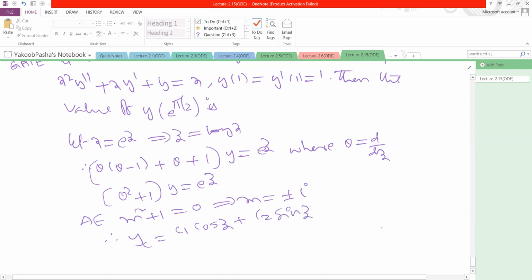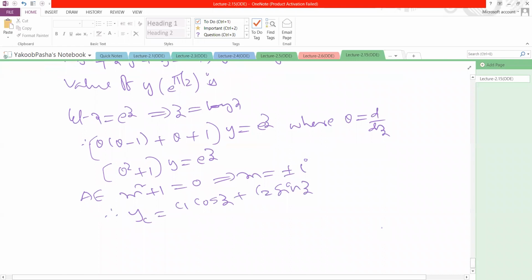Therefore, yc is equal to C1 cos z, where z is log x, plus C2 sin z, where z is log x. This is the complementary function.